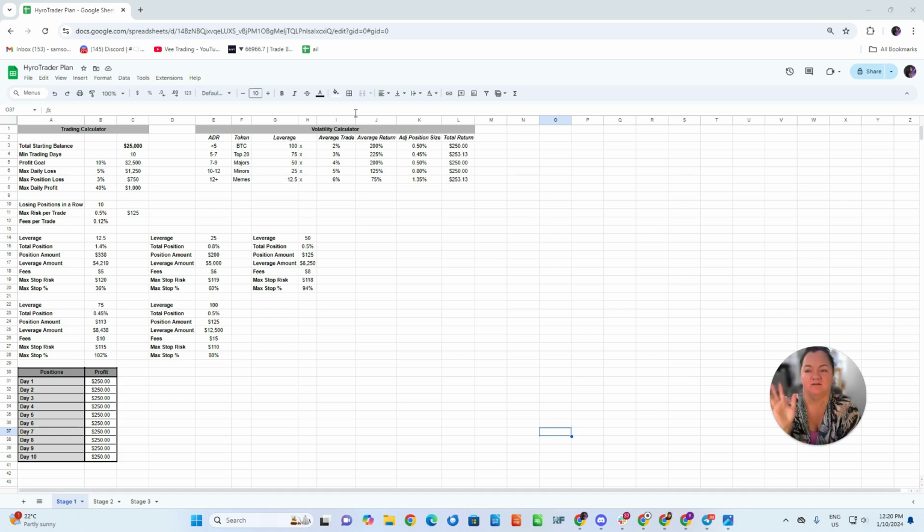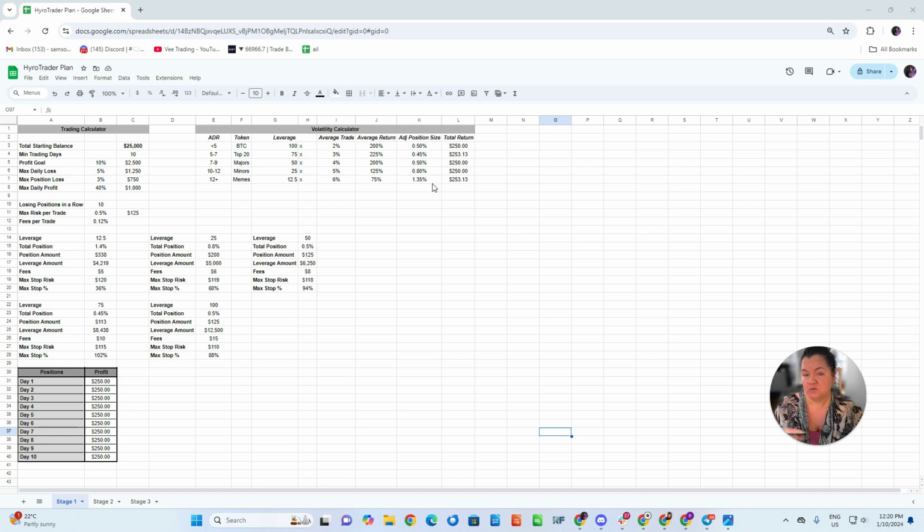So basically, if you get a 2% move on Bitcoin, you get 200%, we're going to return $250 based on our risk. But they're all going to be slightly different based on the leverage and then the actual volatility. So what I've done here is to try and give it the $250 return on average.